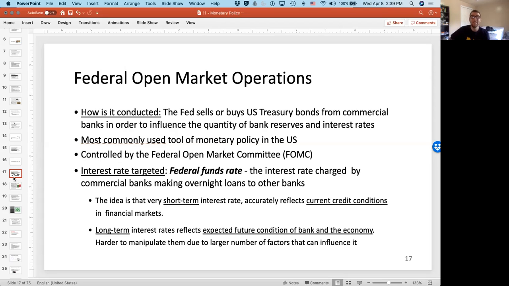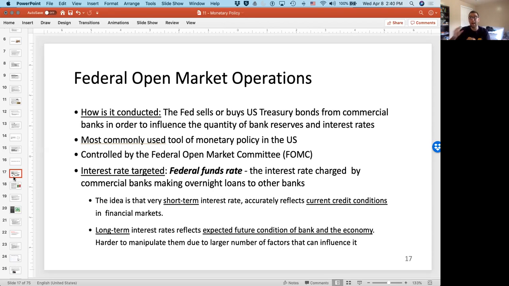Buying those T-bonds, the overall federal funds rate decreases because banks have more money on their hands to loan, right? So they can control, in other words, tweak the overall interest rate in the economy. When they buy the T-bonds, there's more money available to banks, in other words, more money available for loans. So the federal interest rate decreases.